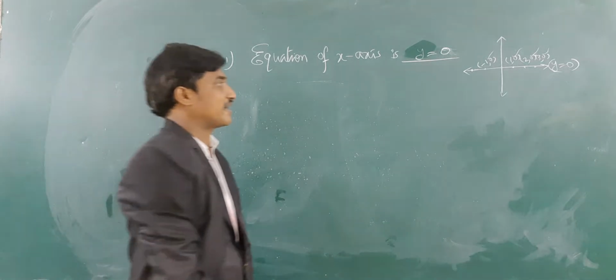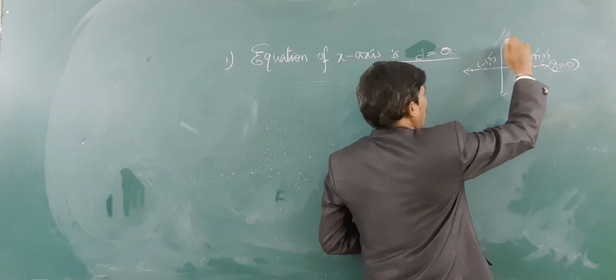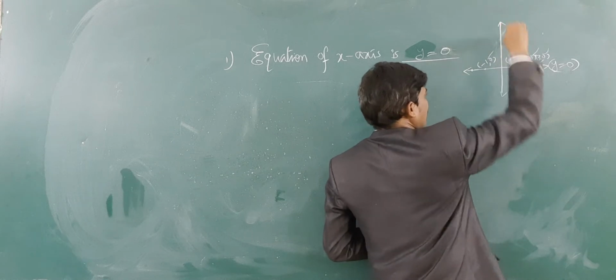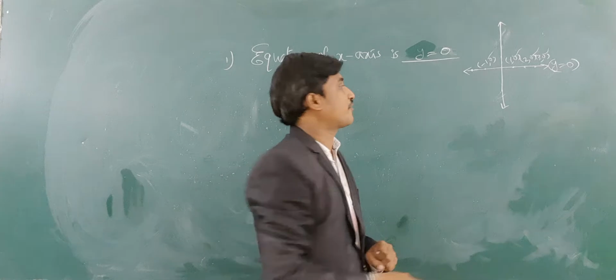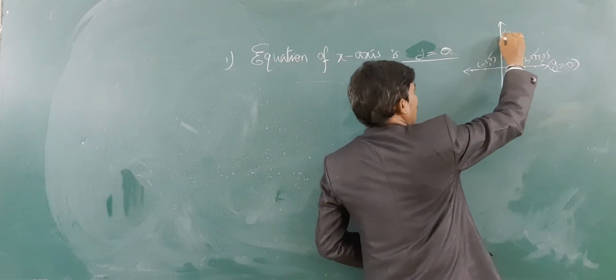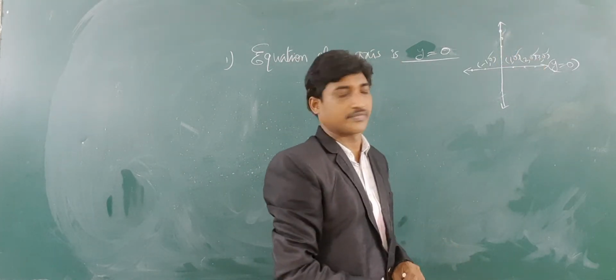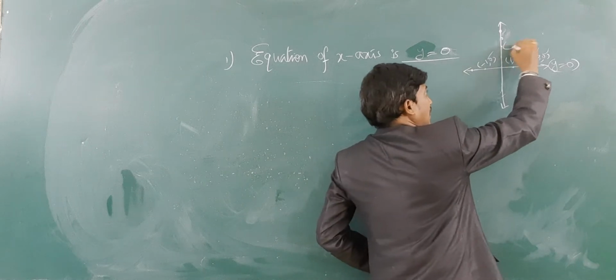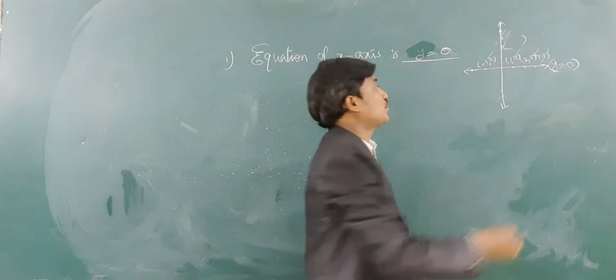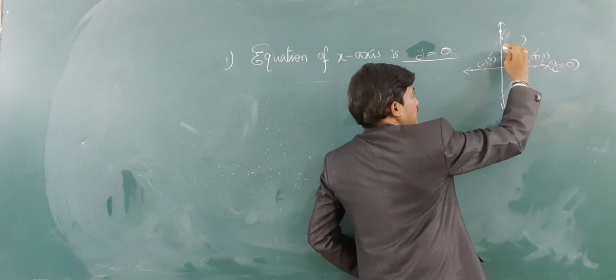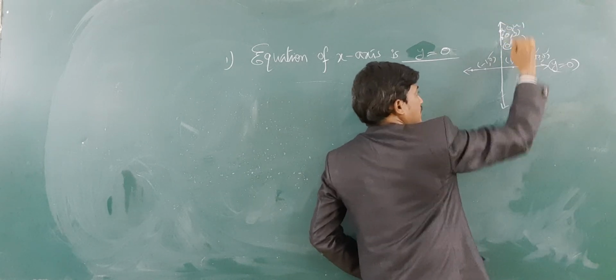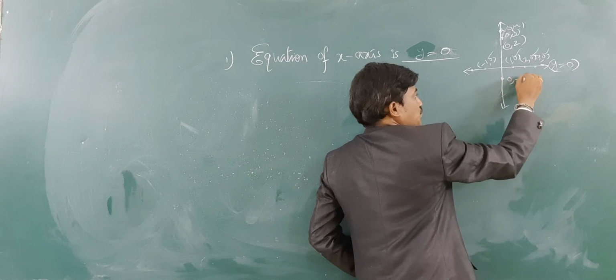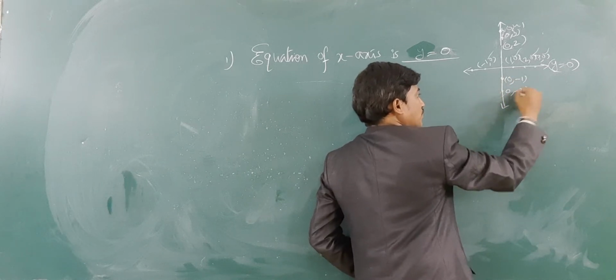What is the equation of y-axis? For every point on y-axis, (0, 2), (0, 3), (0, 4), (0, -1), (0, -2).